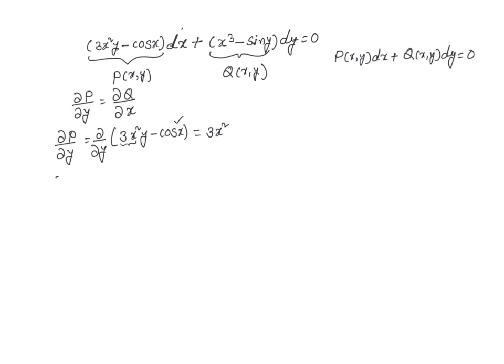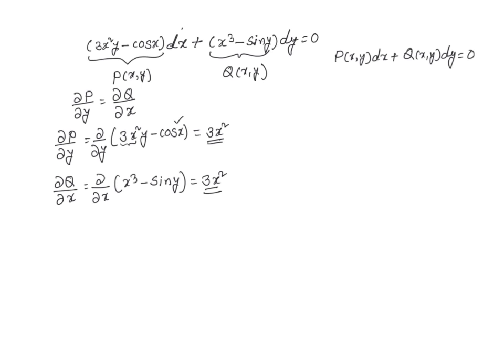Similarly, if we find ∂Q/∂x, that is going to be ∂/∂x of x cubed minus sine of y. And of course, sine of y is a constant when I'm taking the derivative with respect to x, so it's not going to change. So the derivative is 0, and the derivative of x cubed is just 3x squared. So these two are in essence equal.